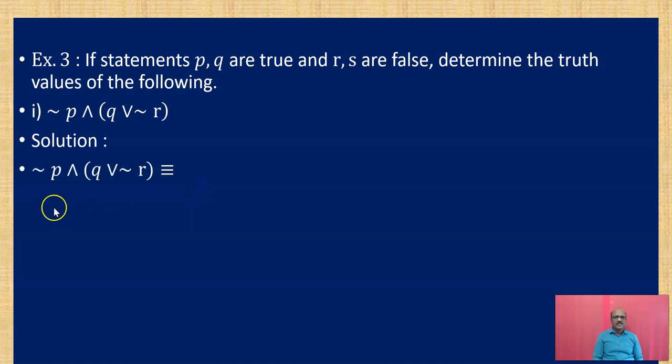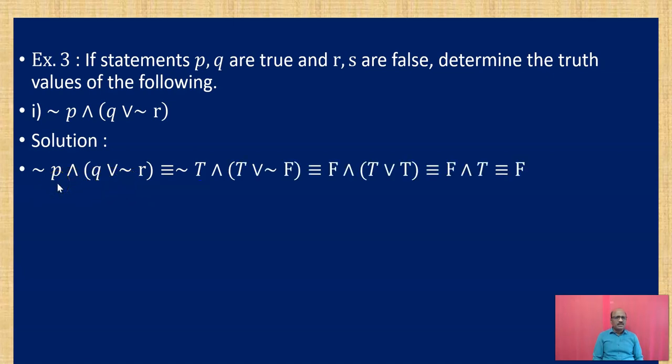Now P is true, therefore it is written as T, negation of T, and Q is again T. R is F. Now the negation of T is F, and negation of F is again true. T or T is T. F and T is F. This is the final answer.